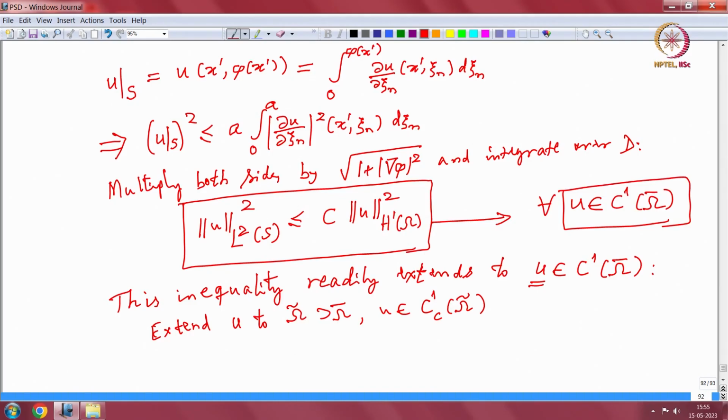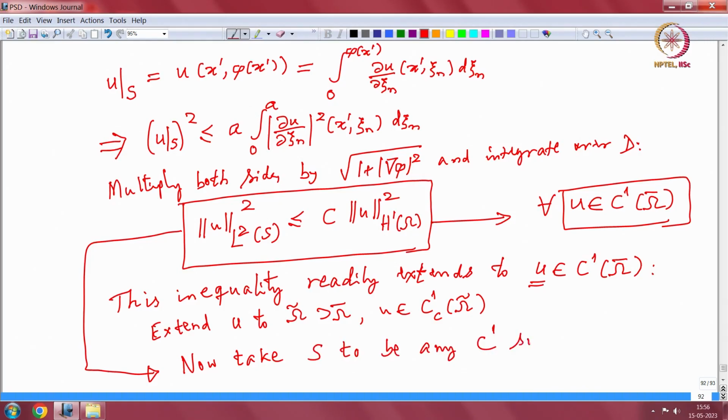Okay. So, this holds for only a simple piece. Let us not be in a hurry. Now take S to be any C1 surface, since we are considering surfaces which are only finite unions of simple pieces.